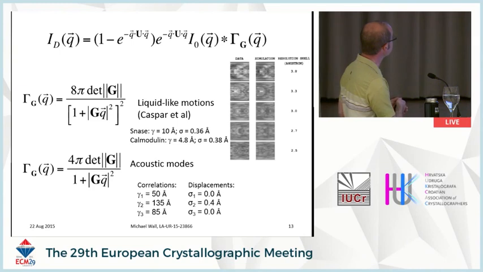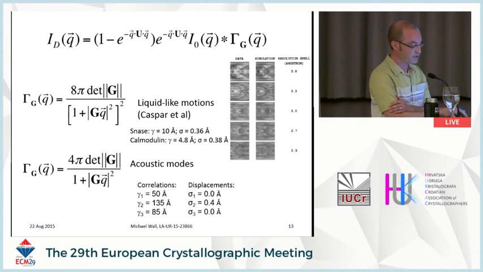One is through the liquid-like motions model introduced by Donald Casper et al. For staph nuclease and calmodulin, we applied this and extracted some dynamical parameters. For calmodulin, we additionally used a model like acoustic modes. It's anisotropic, and we found there was anisotropy in those streak features.